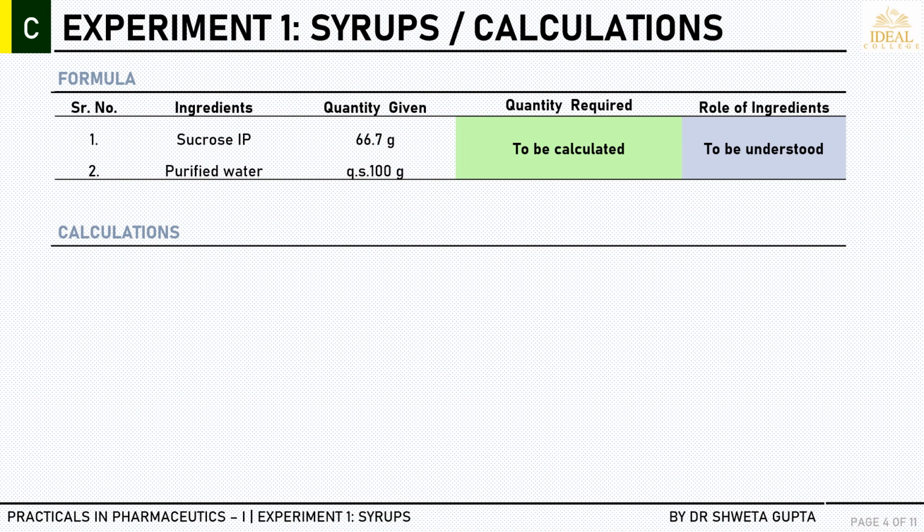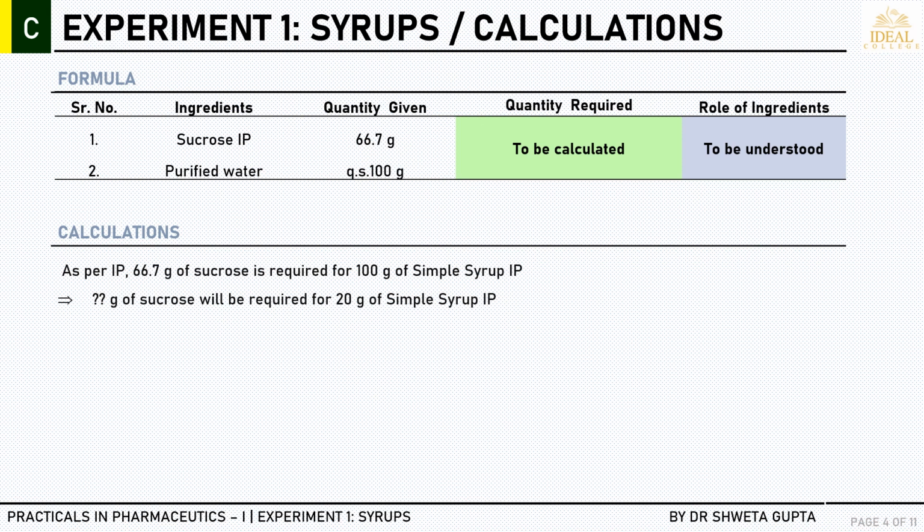Understanding the calculation part. So, as was indicated in the previous slide, 66.7 grams of sucrose is required for 100 grams of simple syrup IP. Hence, how much sucrose will be required for 20 grams of simple syrup IP?